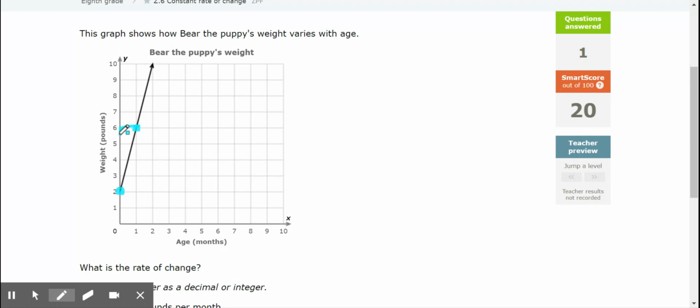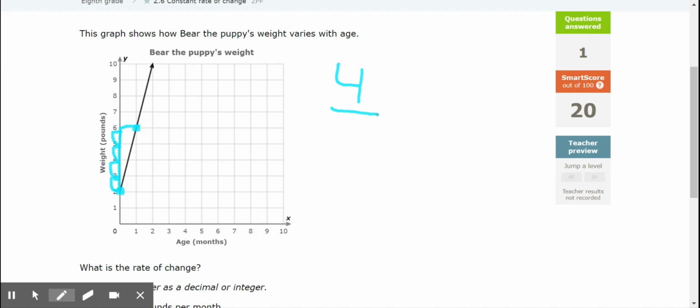All right, once I do that, connect them, make a right triangle. And then before I count, see what I'm counting by. Looks like I'm counting by ones on my X's and ones on my Y's. So I'm going to count by 1. Count your rise. 1, 2, 3, 4.